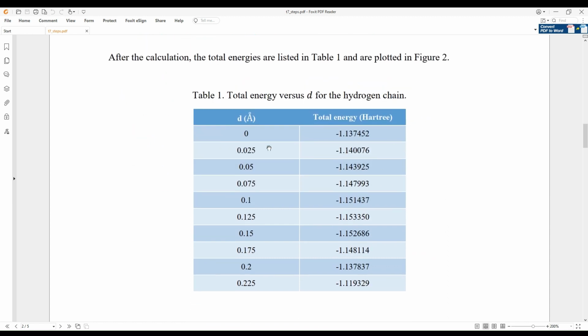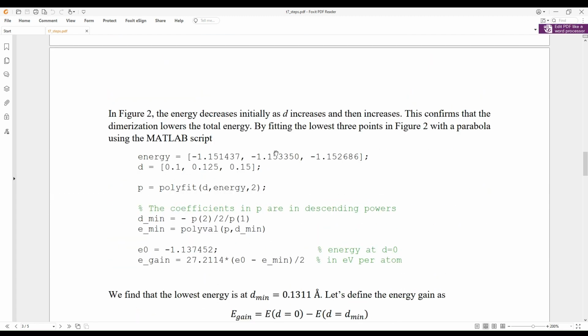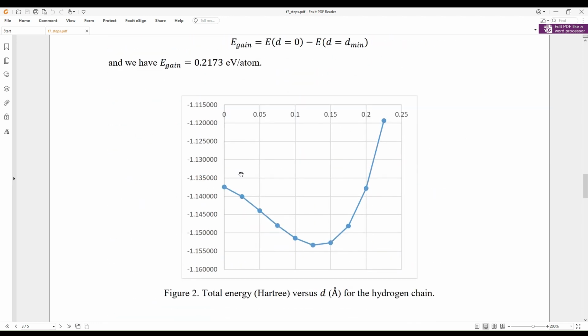After running this program, you will get the energies for all the d values, and here I put them in this table. It will be easier if we plot them to show the graph. This is a graph of the energy versus d, and we see that your energy goes lower if your d goes larger, which means that the system will spontaneously decrease its energy through the dimerization.